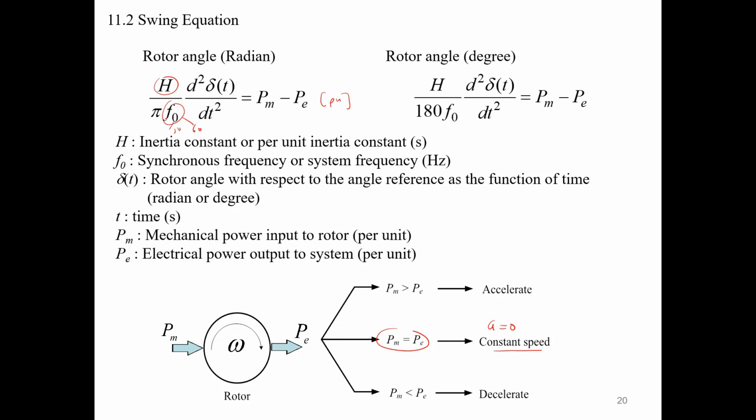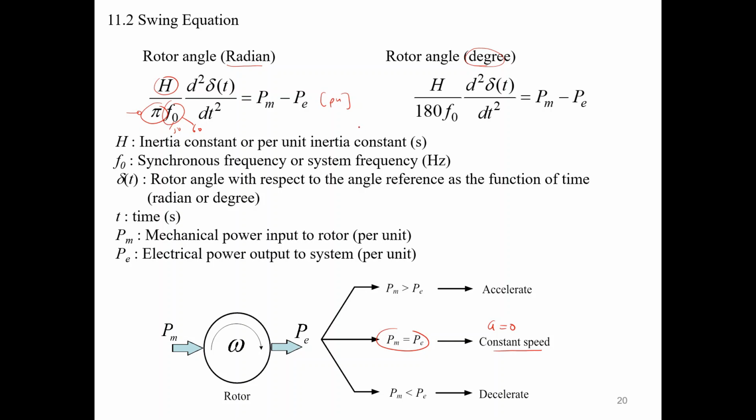When you have the pi here, the rotor angle is expressed in radians, or if you have 180 degrees in the denominator, the angle is in degrees. So now it's clear.